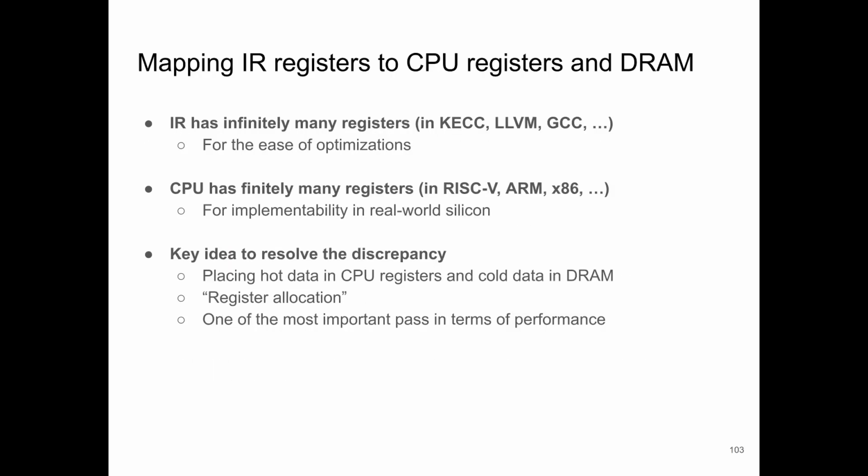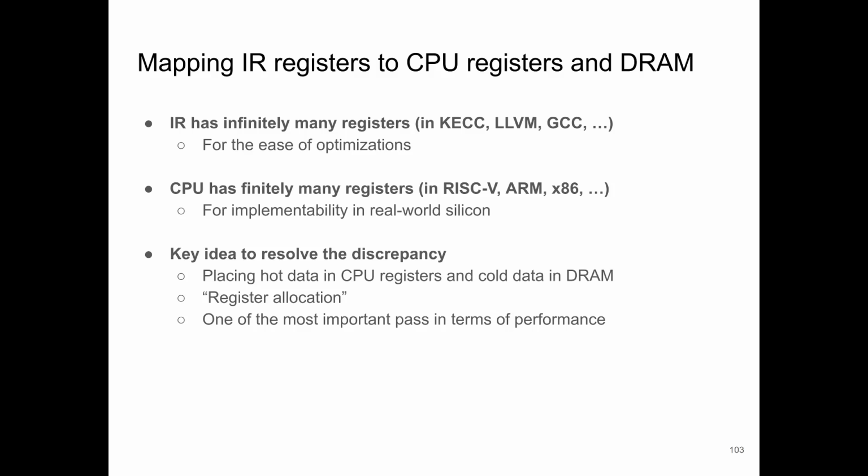The reason why it is so important for performance is that the CPU registers are much faster than the DRAM. So as a result, placing the IR registers into the CPU registers is really the key to the performance.